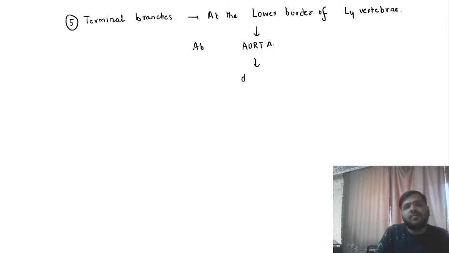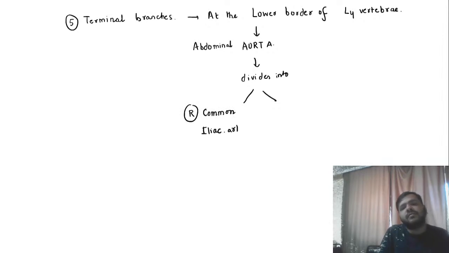The abdominal aorta divides into the right common iliac artery and the left common iliac artery.